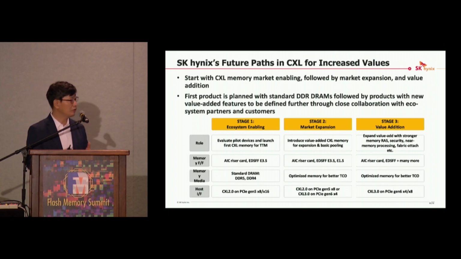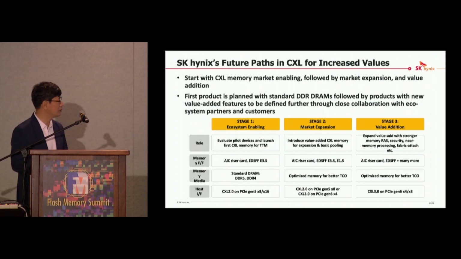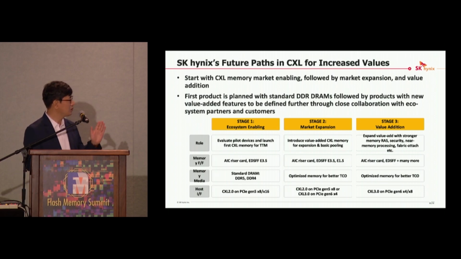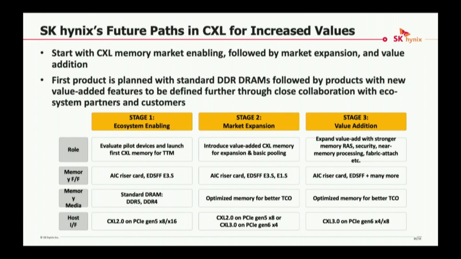This is still to be defined further through close collaboration with ecosystem partners and customers. In stage 2 and 3, this could be memories optimized for better TCO, and this needs to be further defined in the future.